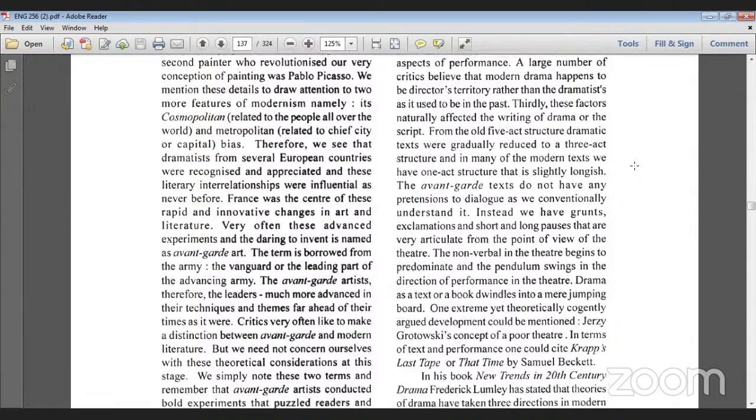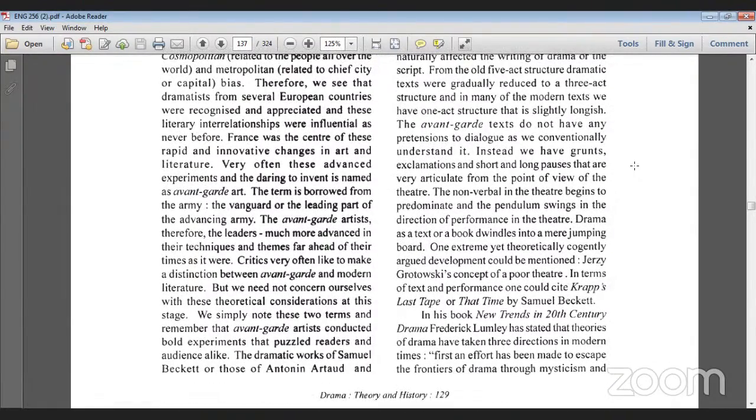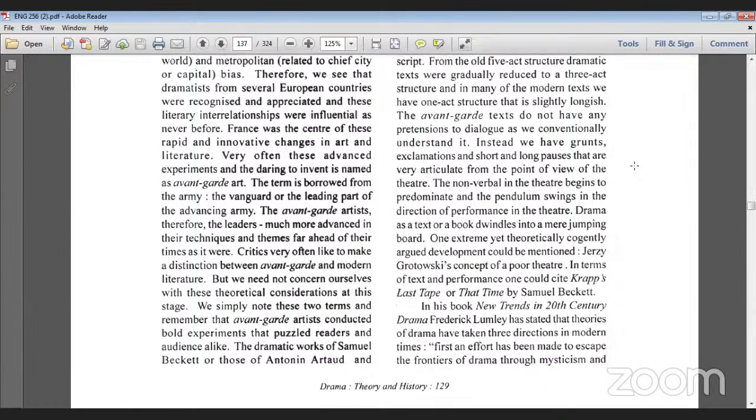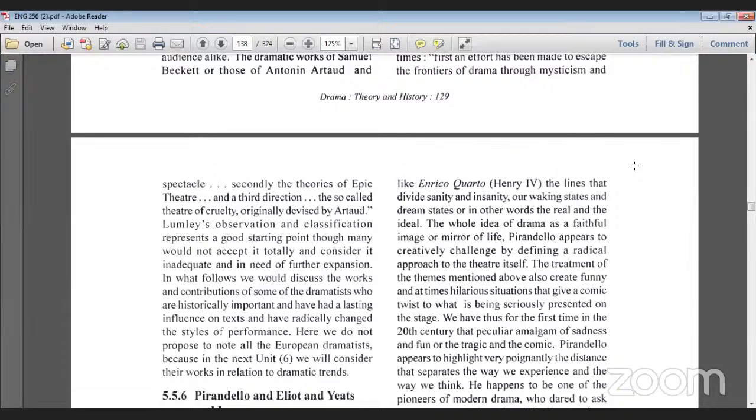In his book New Trends in 20th Century Drama, Frederick Lumley has stated that theories of drama have taken three directions in modern times. The first, an effort has been made to escape the frontiers of drama, and other forms, though mysticism and spectacle, have been included.